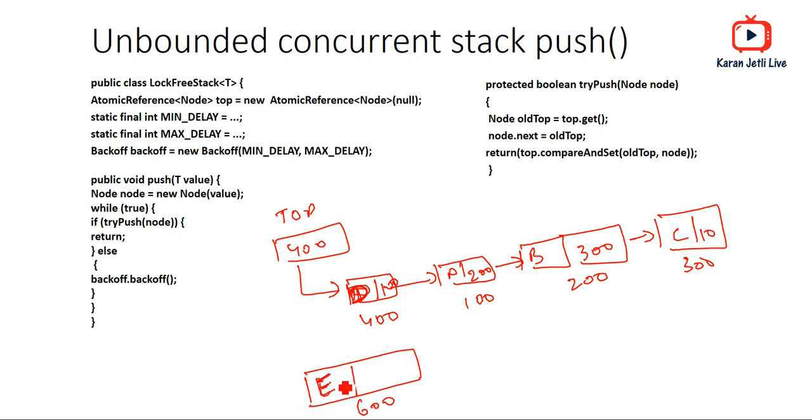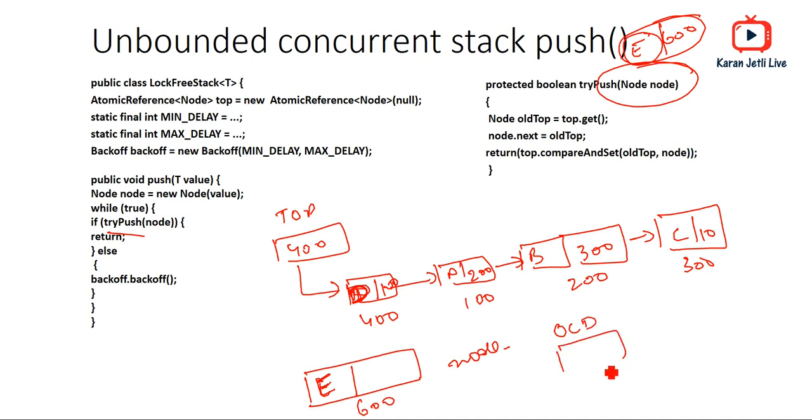I push the value E. I call try push, and this node comes here. So what is the node which comes here? The value is E and the address is 600. This node comes here.